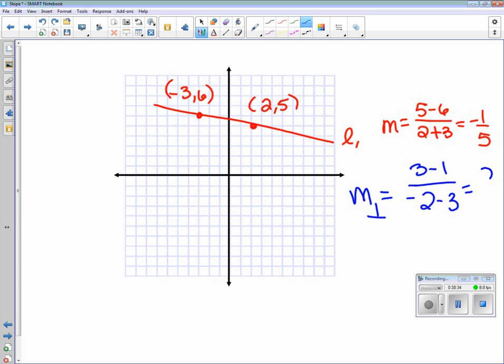So I have 2 over -5. Close, but exactly? Probably not D. Would you agree? So why don't you check A, B, and C and figure out which one is the correct answer.